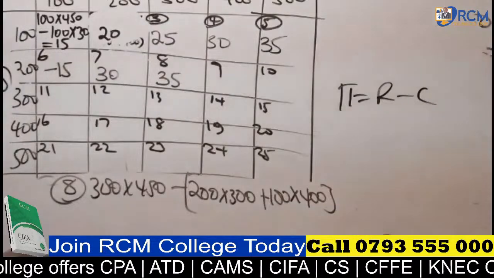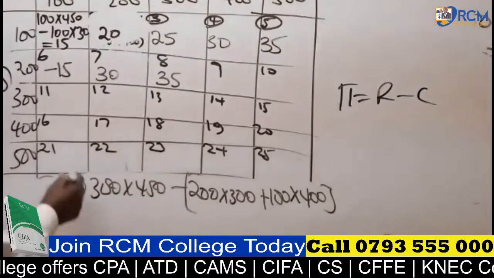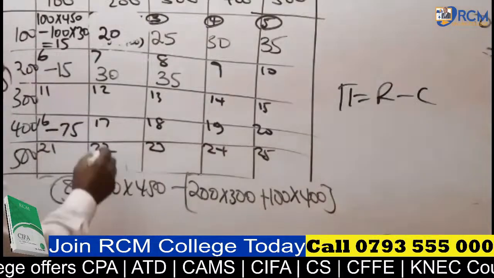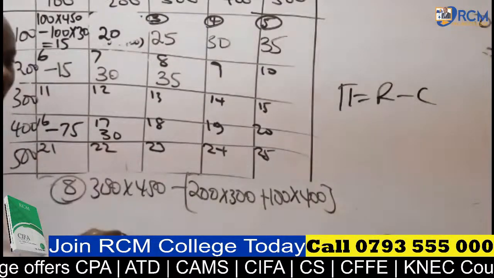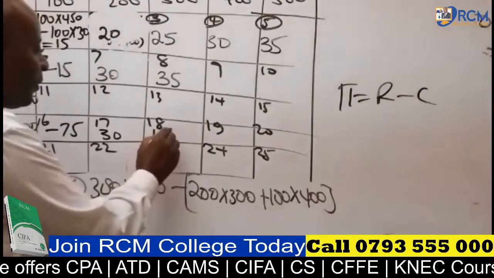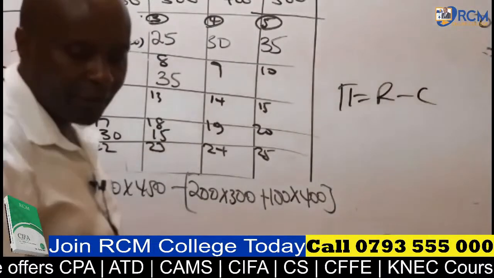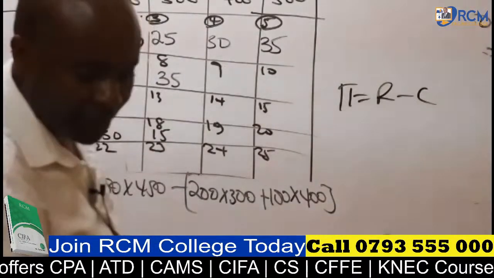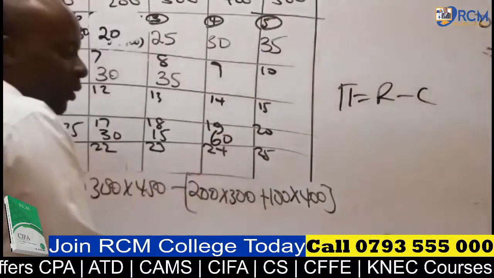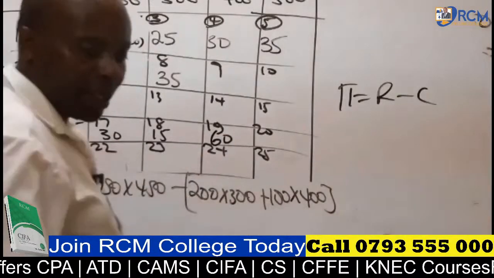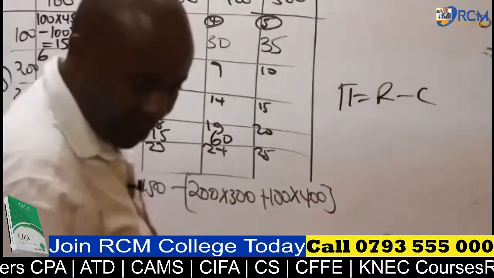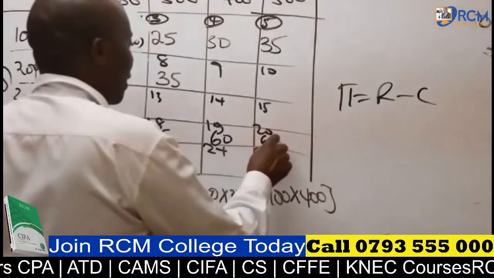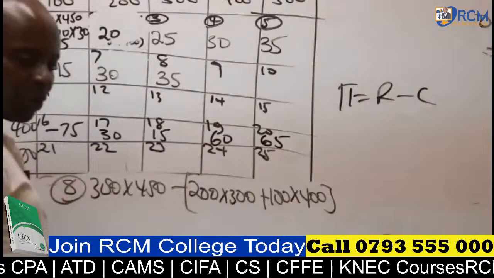So cell number 16, they're telling me it is negative 75, right? 17 is 30, 18 is 15, 19 is 60, cell number 20 is 65, that is Lokai now.